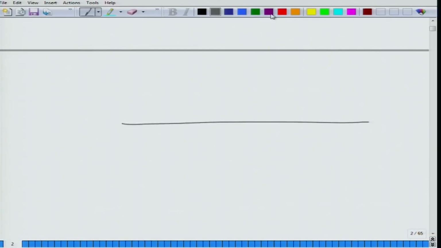Okay, so if you shift it to the right, it is now going to be non-zero. Previously it was non-zero from minus 2 to 2, now it is going to be non-zero from 0 to 4.